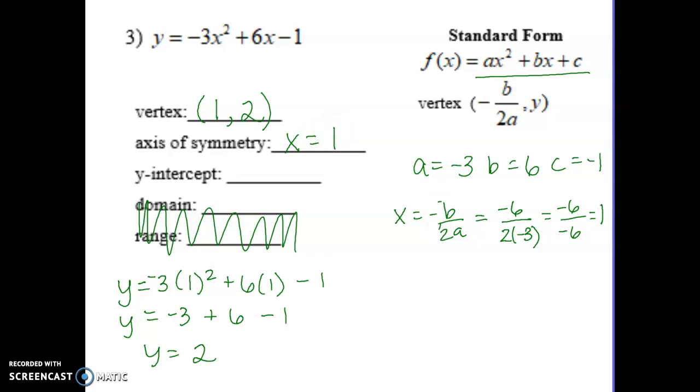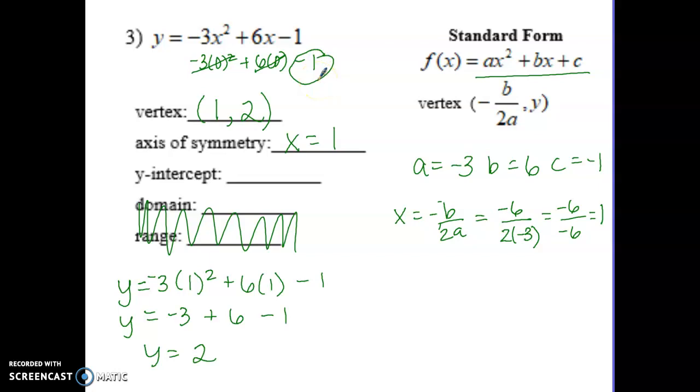Now, the y-intercept. Remember back when we talked about the graph, the y-intercept was always what y equals when x is 0. Well, if I plug in 0 for x here and here, that's going to make that 0, and that's going to make that 0. So all I'm left with is the constant.